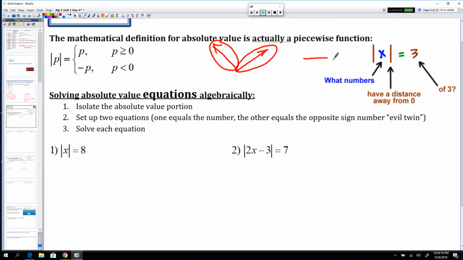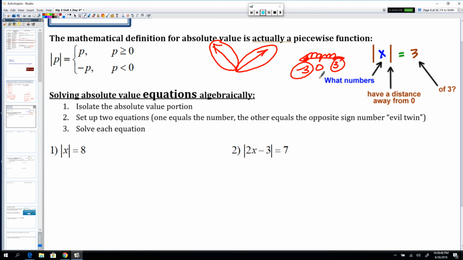So if you were on that number line at 0, what numbers are 3 away from 0? Well, obviously, 1, 2, 3. 3 is 3 away from 0. But check it out, we have another value. 1, 2, 3. Negative 3 is also 3 steps away from 0. And so that's why there are always two parts to our answers to these.